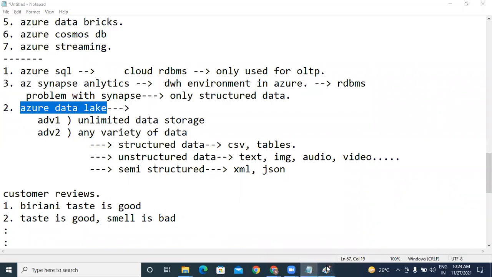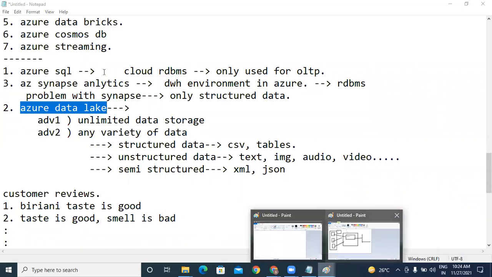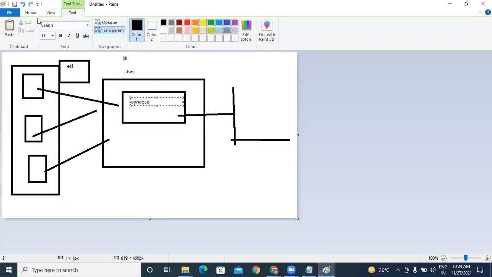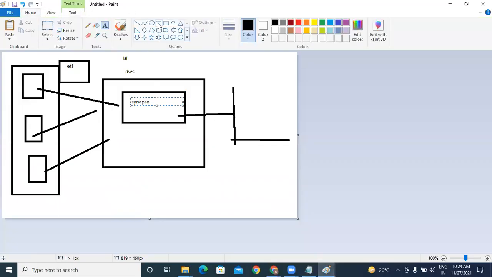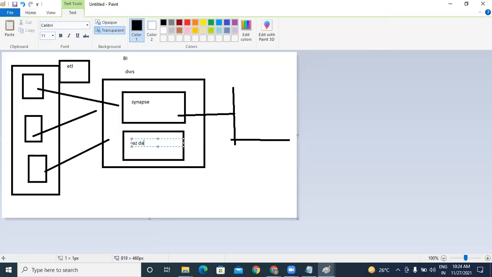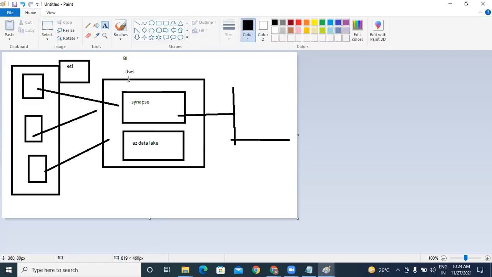Now please come back to our picture, where you can keep your data lake. Can I keep it here? And I'm labeling it as Azure Data Lake. Now I have two weapons for my warehouse.